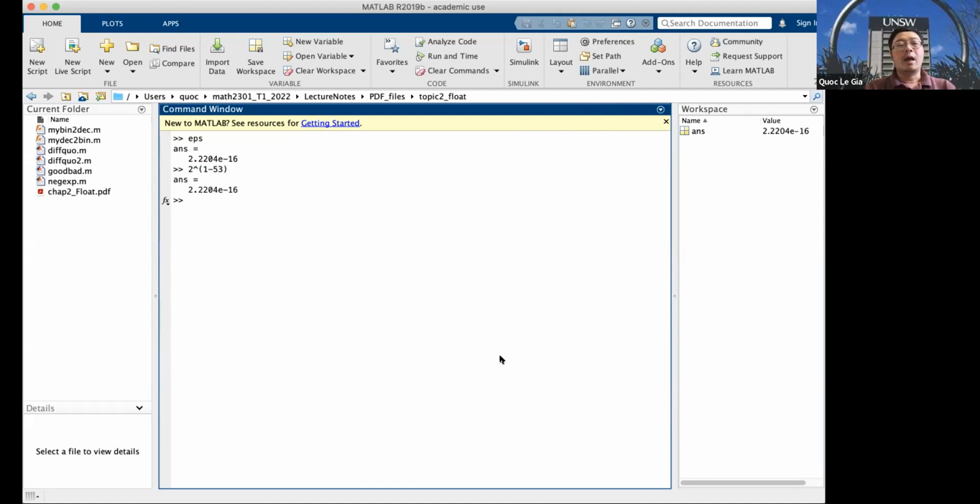And now how about E min and E max? In MATLAB or any other language, you can have real max. So real max is this number, and there's a real min as well.